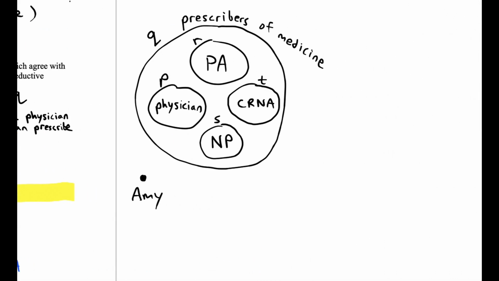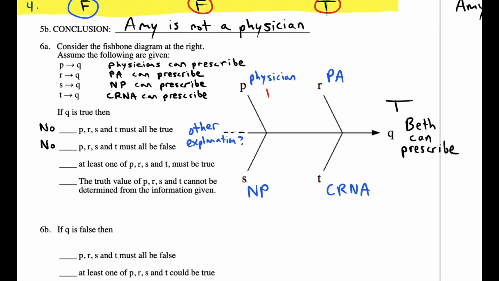And what that would look like as a Venn diagram is Beth would be where? If she wasn't those 4 things, but she was still able to prescribe the medicine, where would she be? She would be in Q, but not in those other places. Somewhere in the space between. Where maybe there's some other license that I didn't think of. So I'm going to put no for that one, actually.